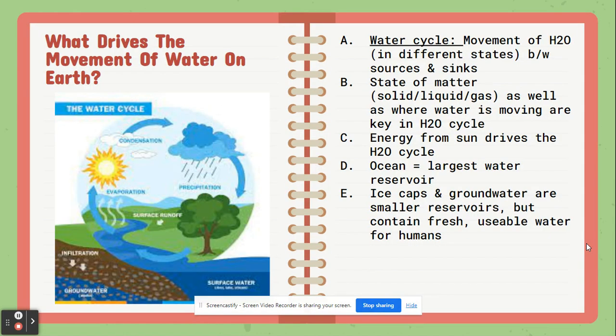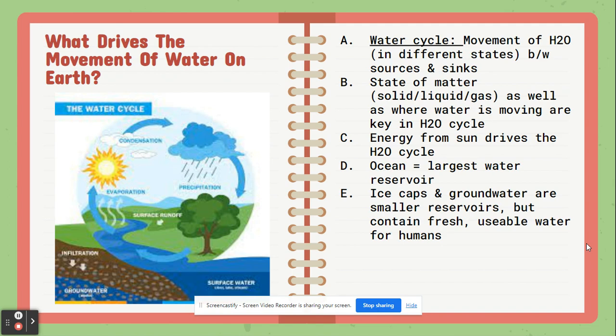Looking at our water cycle and what drives the movement of water on Earth, that's usually going to be the energy from the sun. Some terminology we need to know as it relates to our biogeochemical cycles and the water cycle is what's known as a source or a sink.